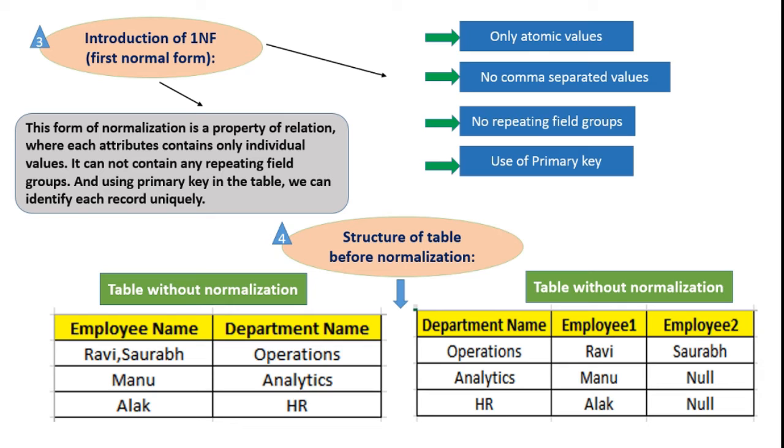So without normalization, the problem is wastage of memory, right? Without any meaning. We need to change the structure of this table so that it will not contain any repeating column, and this is what we are going to see going further.